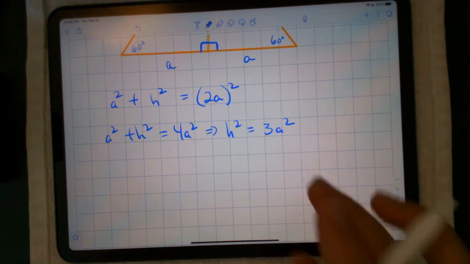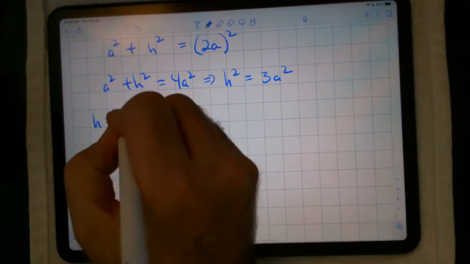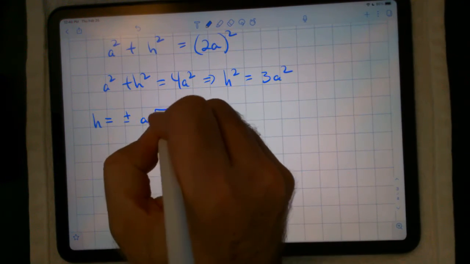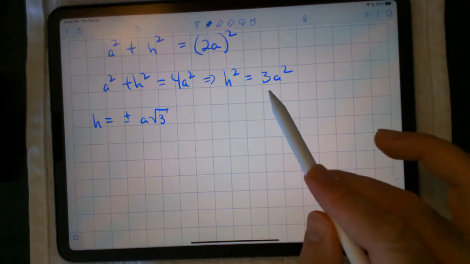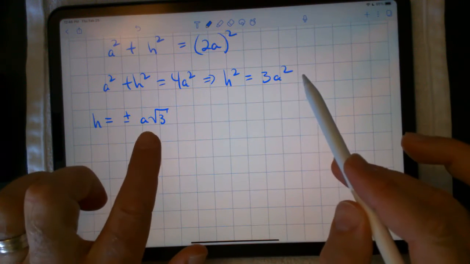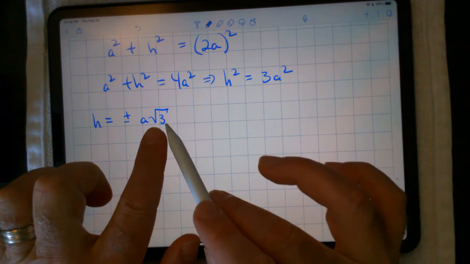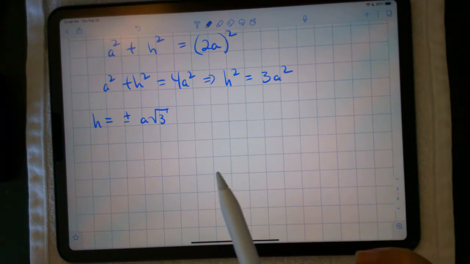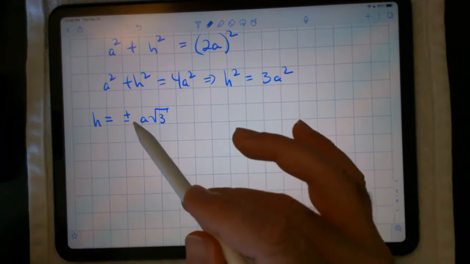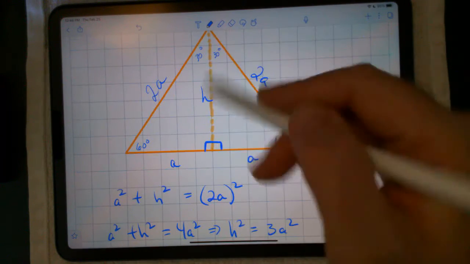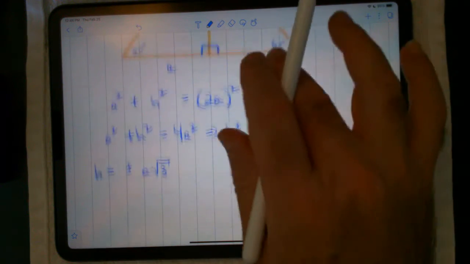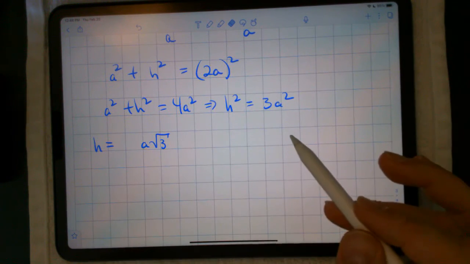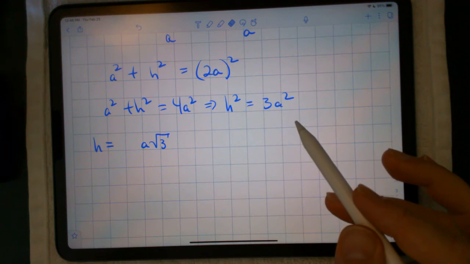Take the square root of both sides. That tells us that h is equal to plus or minus a radical 3, or radical 3 times a. I just chose to put the a out in front just to emphasize that it's the 3 being square rooted and not the a being square rooted. Okay. But since your height is a length, you cannot have negative length. Therefore, we're just going to take the principal square root. And we have that the height is equal to a times the square root of 3.